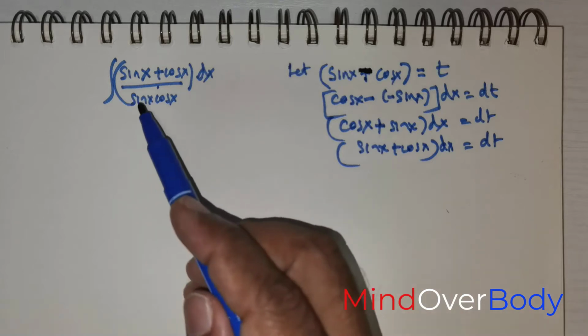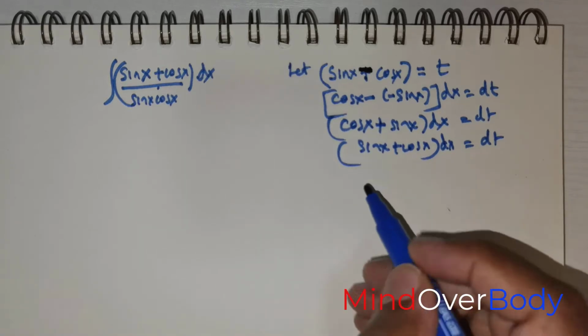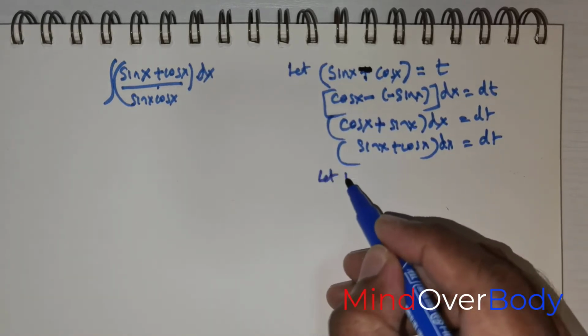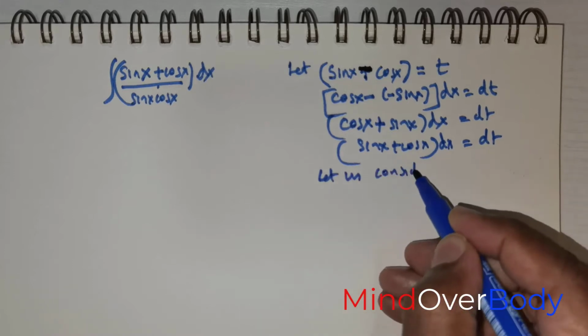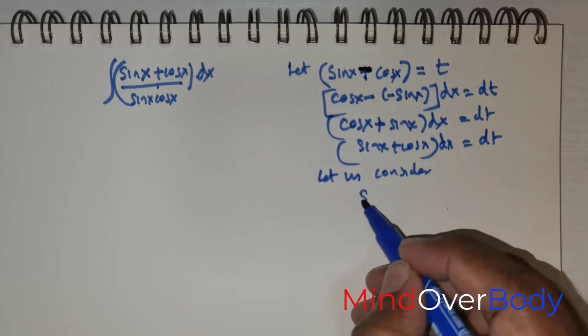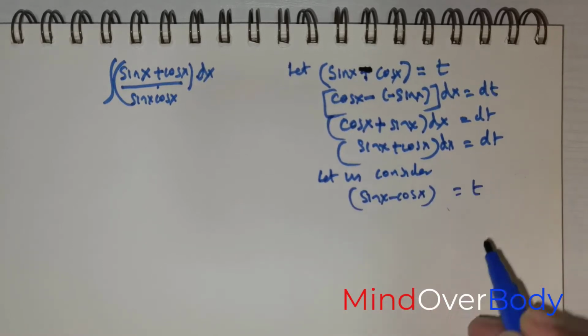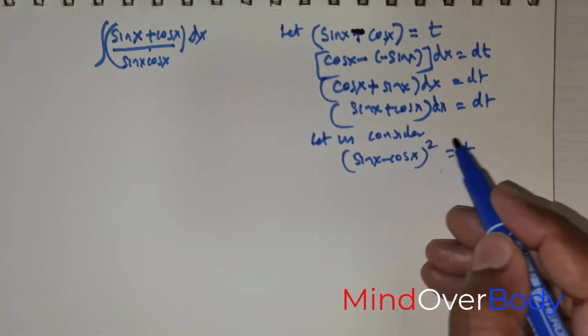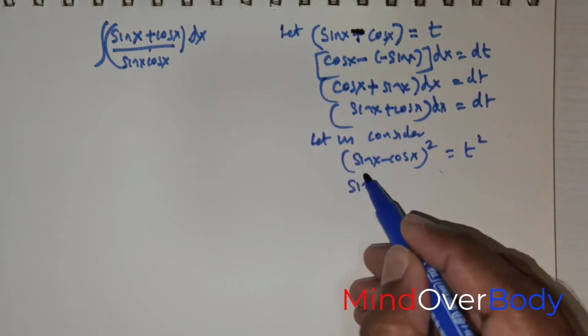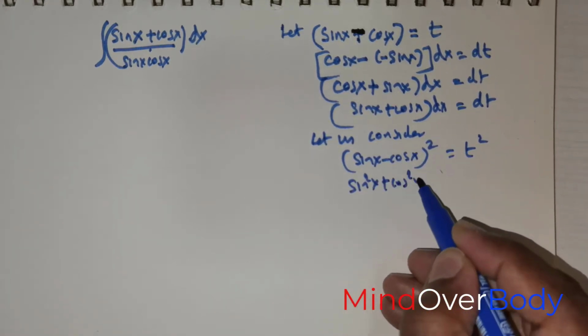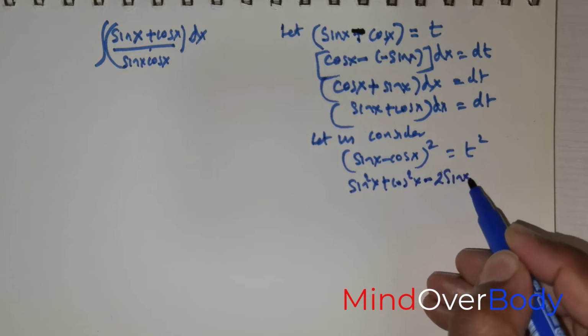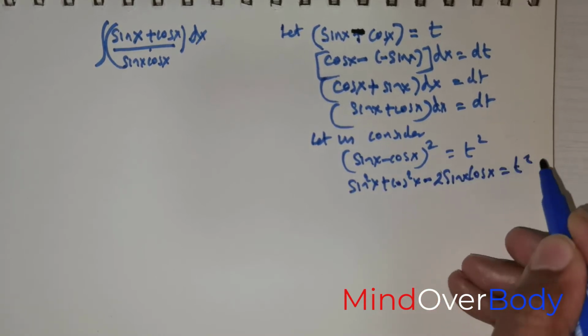Now we would have to get the denominator. Let us consider the substitution. We have taken sin x − cos x to be equal to t. So I'm going to square both sides. This would give me sin squared x + cos squared x − 2 times sin x cos x is equal to t squared.